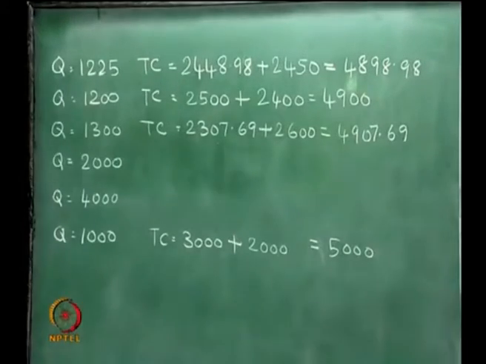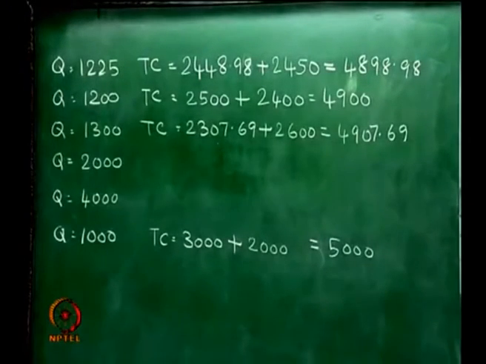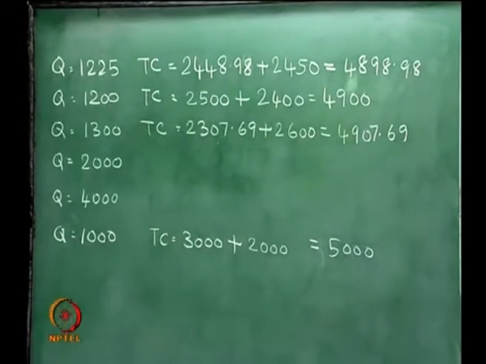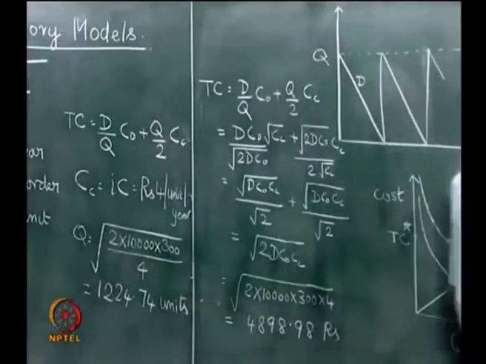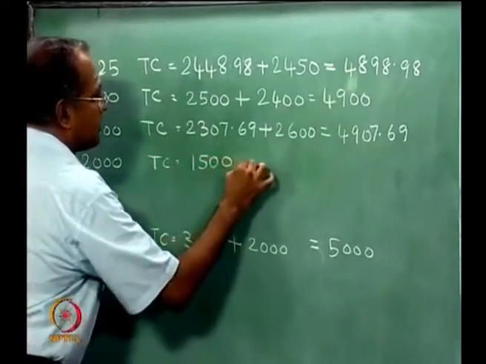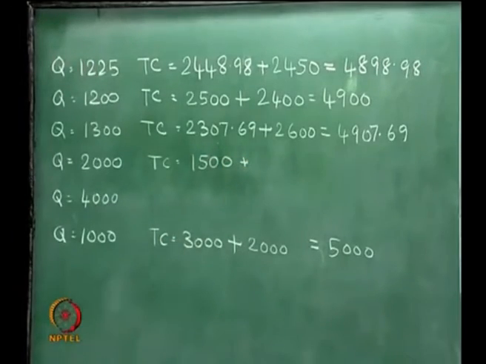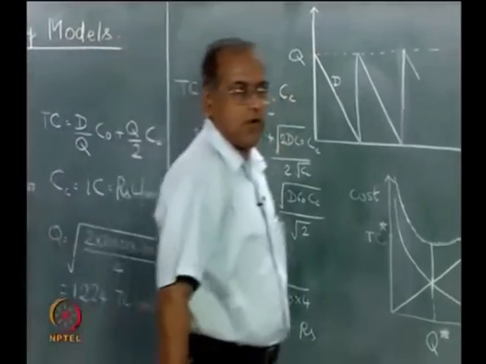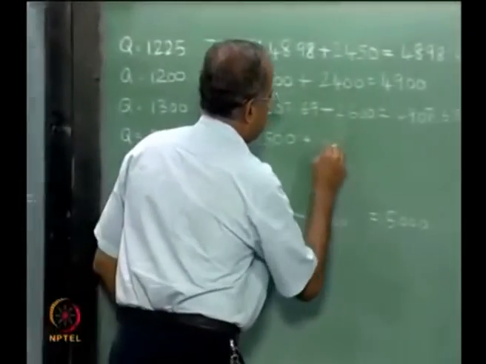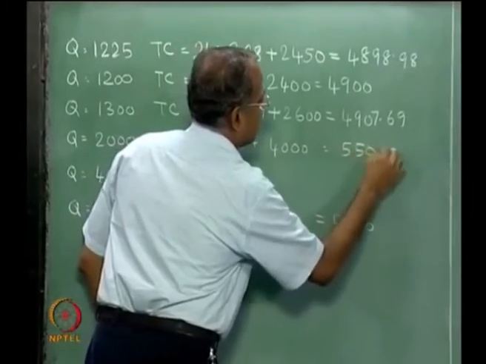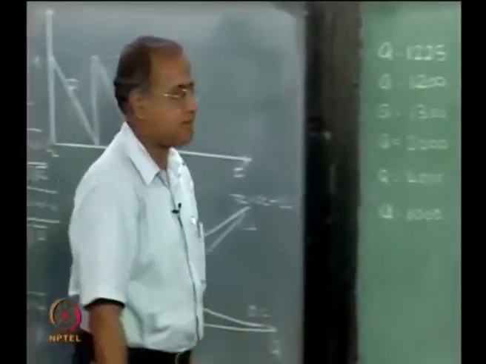which is 5000. Now, if the vendor will give us only in 2000, then this is 10,000 divided by 2000, which is 5, 5 into 300 is 1500, plus 2000 divided by 2 is 1000, 1000 into 4 is 4000, which is 5500.